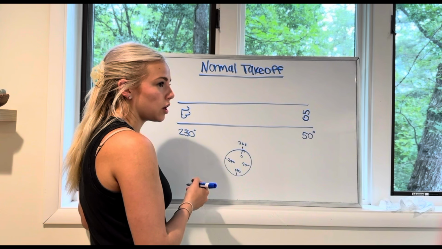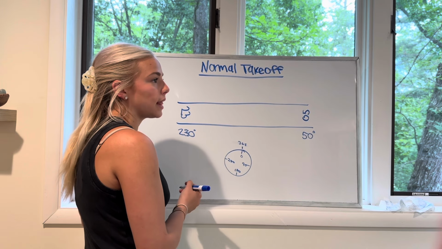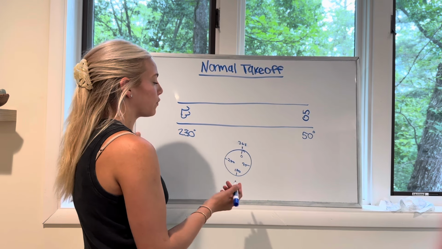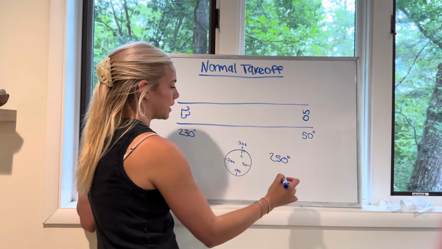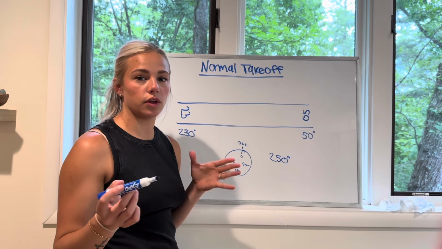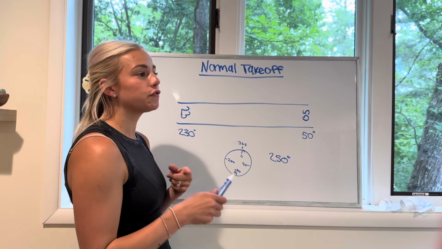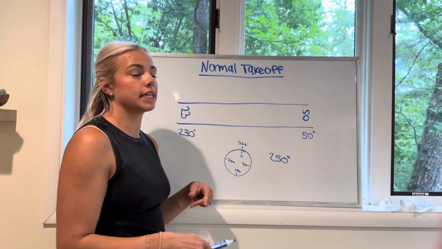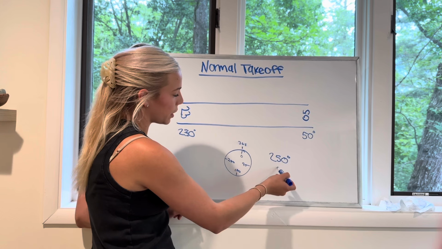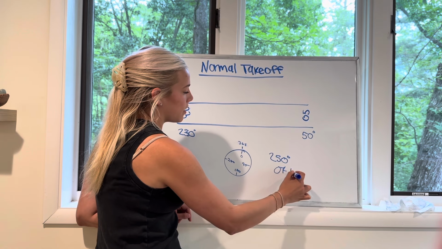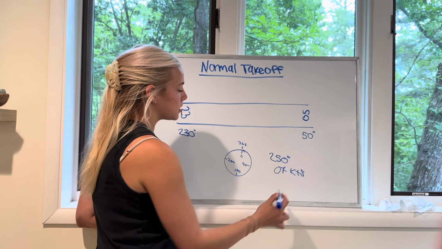So we're able to rotate at an earlier spot on the runway than we would with a tailwind. So let's say that the winds are coming from 250. So they say winds on the weather are 250 at 07. That means that the winds are coming from 250 and they're at 7 knots.